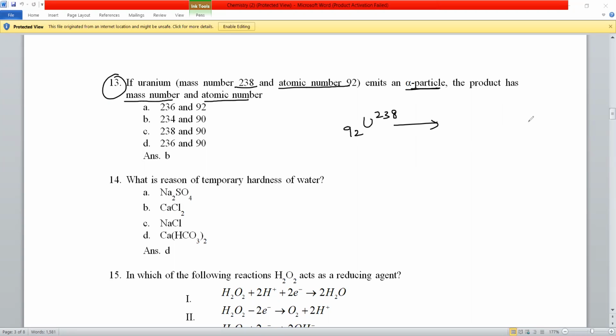Since an alpha particle is emitted, and an alpha particle is nothing but a helium nucleus, with mass 4 and atomic number 2, we have to subtract. 92 minus 2 gives 90, so 90 is the atomic number. And the other one is 238 minus 4, so we get 230.